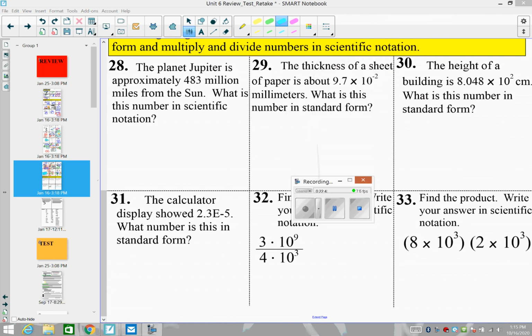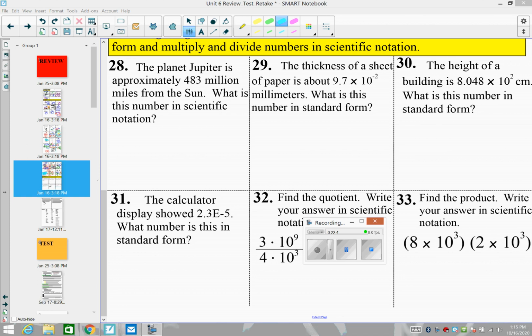Scientific notation properties. The planet Jupiter is approximately 483 million miles from the sun. What is this number in scientific notation? So 483,000,000. Scientific notation has this rule that we have to have a number from 1 to 10 in the bank, and we have to be multiplying by a power of 10.